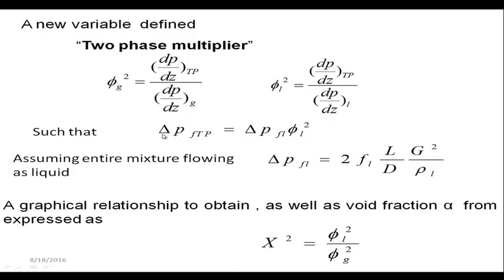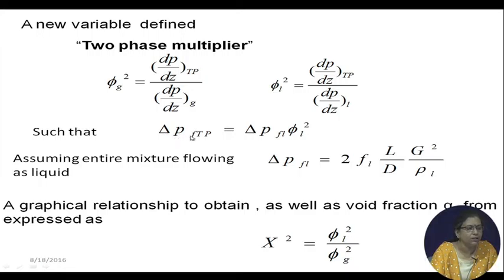So, in this case, we do not need the two phase friction factor, and on the contrary, we can find out the two phase frictional pressure drop by using a multiplier. So, we stop for now and we proceed to find out different relationships to estimate the two phase multipliers and predict the frictional pressure drop accordingly. Thank you very much.